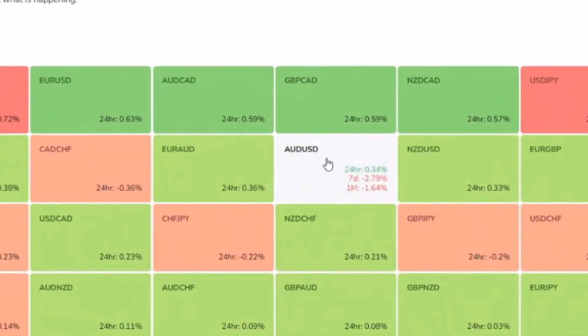First of all, it's, as you can see, not the greenish color I explained before, but look at the numbers here. I love to see that the monthly is very negative, more than 1%, closer to 2% negative. 7 days, very negative, close to 3%. And only the last 24 hours was making some pullback, but it's again a very weak pullback.